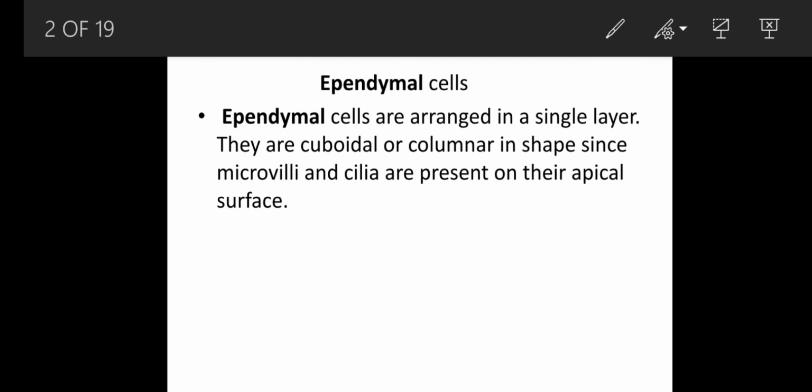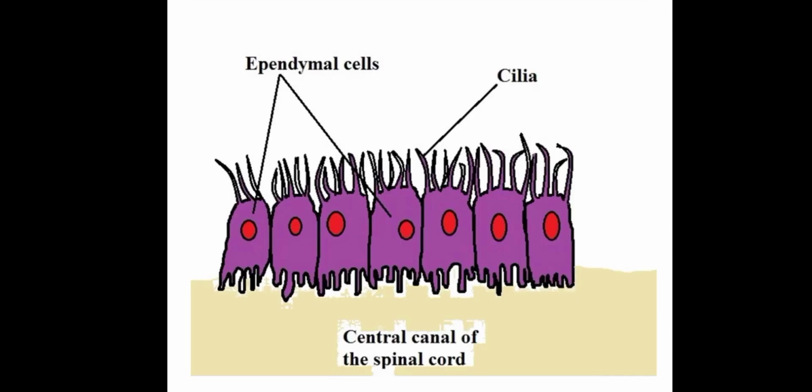They are cuboidal or columnar in shape, and microvilli and cilia are present on their apical surface. This is the diagram of ependymal cells.